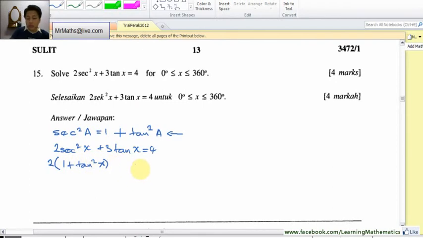So let's throw away the secant squared x and replace that with 1 plus tangent squared x. So we complete that: plus 3 tangent x equal to 4. So we have only tangent in this equation. Let's open up that bracket. So this is 2 plus 2 tangent squared x plus 3 tangent x equal to 4. And let's move 4 over to the left.